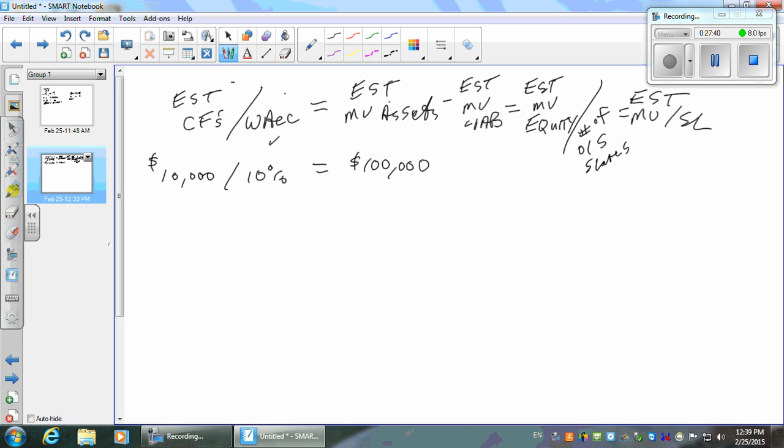How much would your cash flows have to be? If you knew the 100,000 of assets, and you knew you wanted to earn 10%, how much would the cash flows have to be so that you could take the 10% out, not lose any of your investment, and your investment would not grow? It'd be 10 grand, wouldn't it? Because 100,000 times 10% is 10,000. Remember, this is forever.